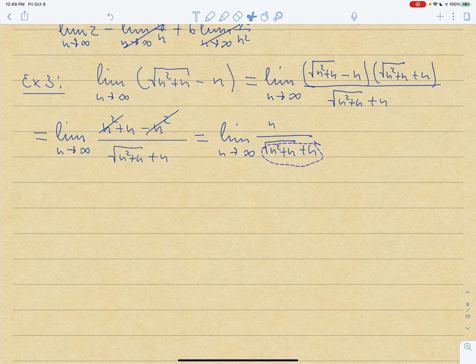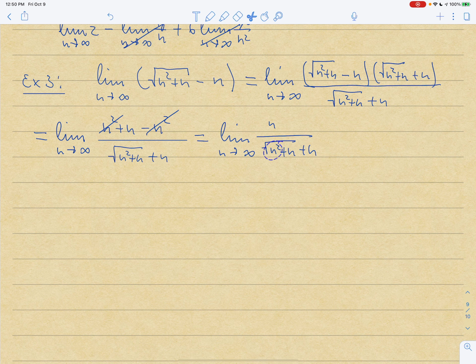So what do we do? You continue simplifying. And to continue simplifying, we use now the same idea as I used before. Divide top and bottom by the highest power of n. What's the highest power of n on the top? It's of course 1. What's the highest power of n on the bottom? This term has power 1.